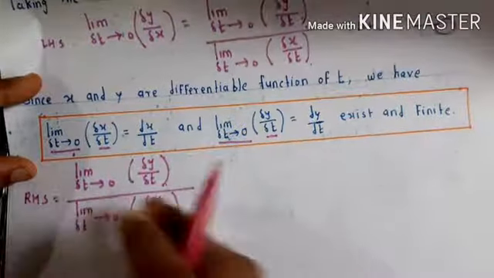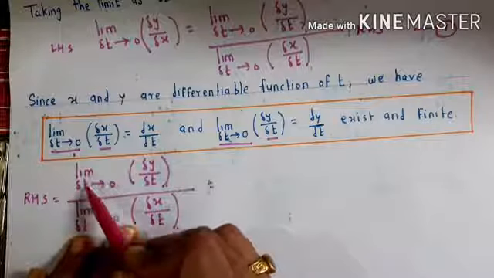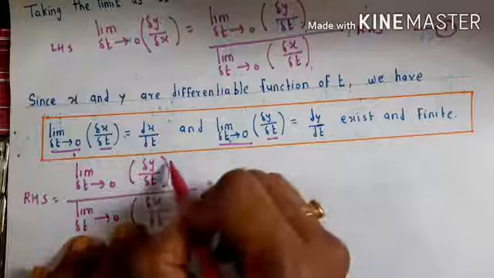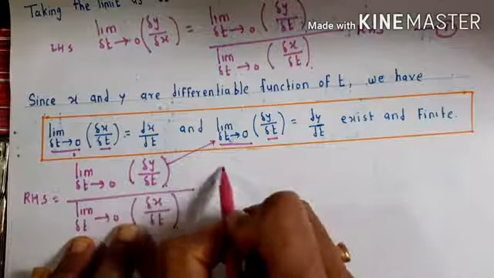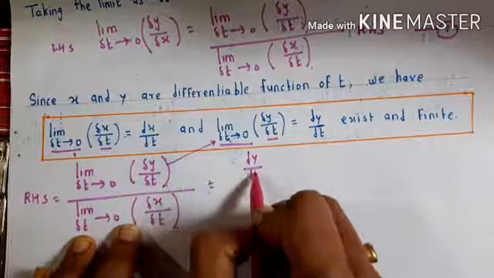RHS equal. So the value of the numerator, that is limit delta t tends to 0, delta y upon delta t, this value we put from this definition, that is dy by dt.